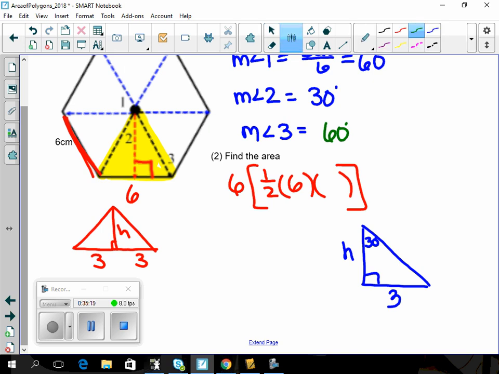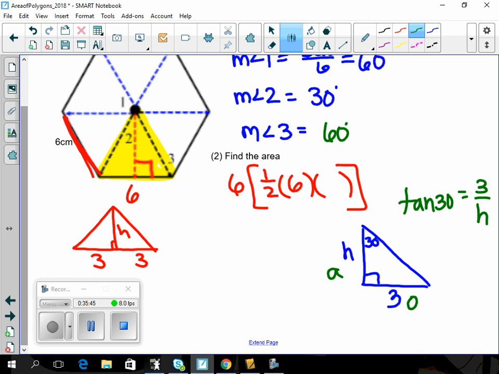Very good. I'm going to use tangent. First of all, do we understand where the 30 came from? It's angle 2. We found it to be 30. So I'm going to label opposite and adjacent. So the tangent of 30 is equal to 3 over h.